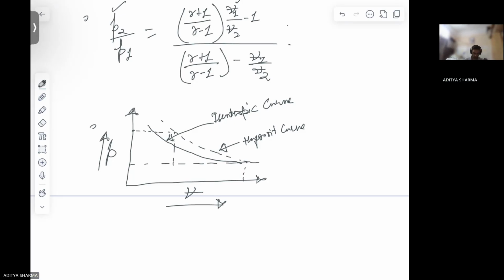For the same decrease in specific volume, if you see this case, the decrease in specific volume is the same at point A, let's say.